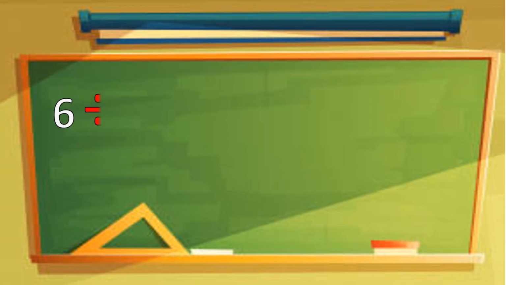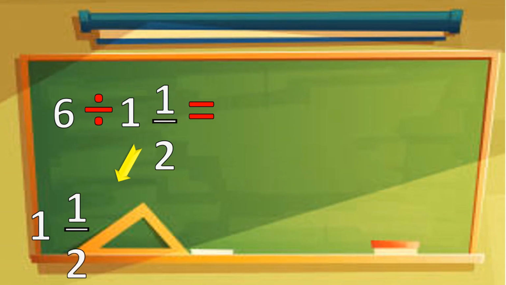Let's try dividing 6 by 1.5 using our solution. The first step is to change the mixed number to an improper fraction. From our discussions before, to change a mixed number to an improper fraction, we just use the steps MAC.